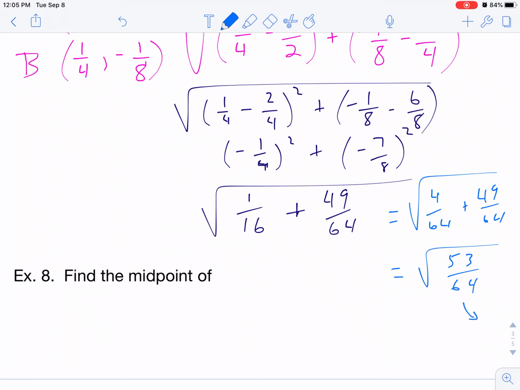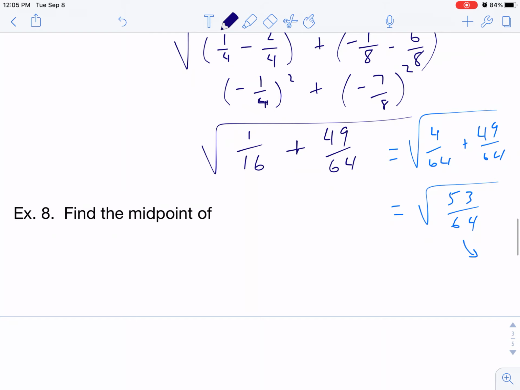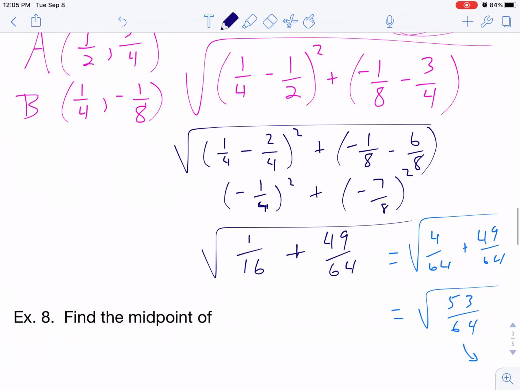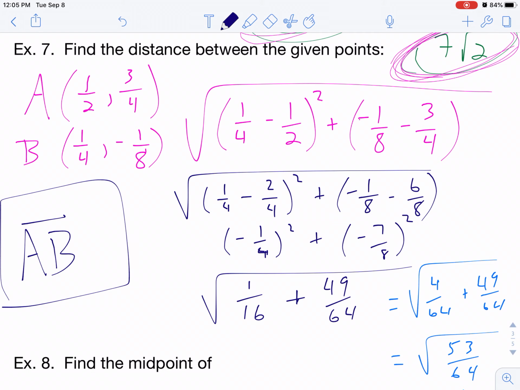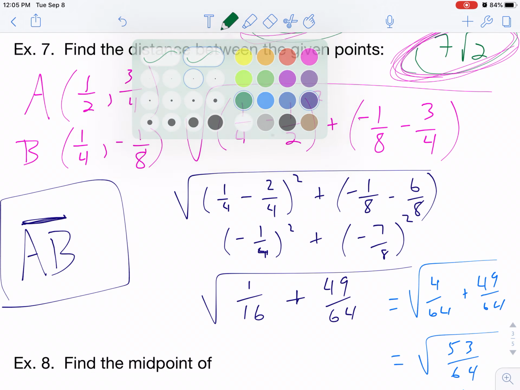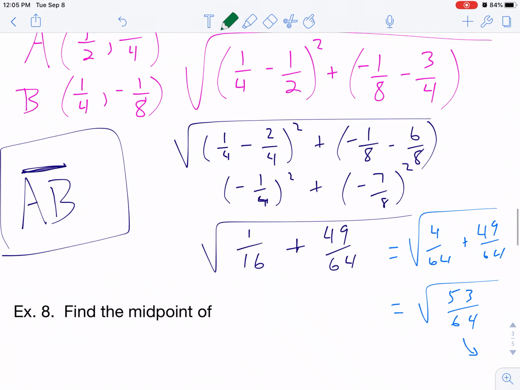Again, I would just use a calculator. You can use the calculator in fraction mode if you need to. One thing to make a note of, another way to ask that is this. They could say find AB with this little line above it. That's just another way of saying find the distance from A to B.